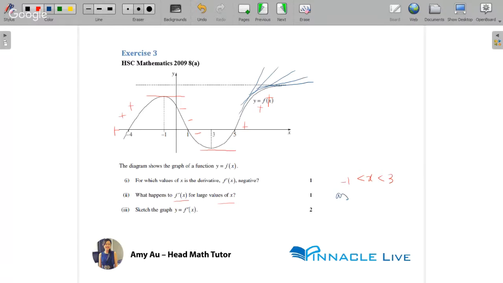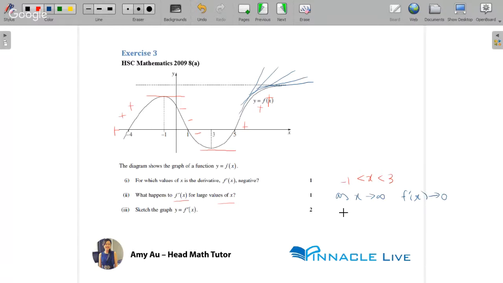So as x is approaching infinity, you have f dash x approaching 0. You can see that the gradient is getting flatter and flatter. I'd suggest you just grab a ruler and have a look. That's probably the easiest way to understand it.